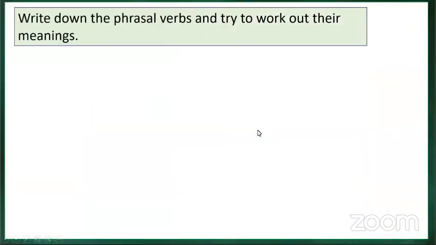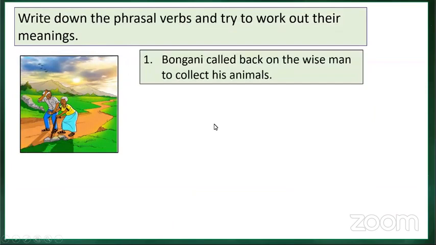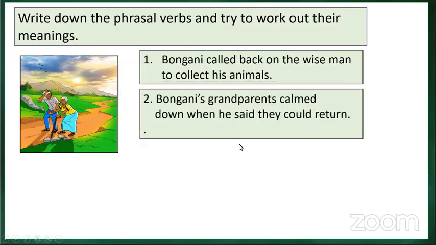Right, so I want you to identify the phrasal verbs here. Okay, I've put new ones up. Number 1, Bongani called back on the wise man to collect his animals. We'll read them first. Number 2, Bongani's grandparents calmed down when he said they could return.